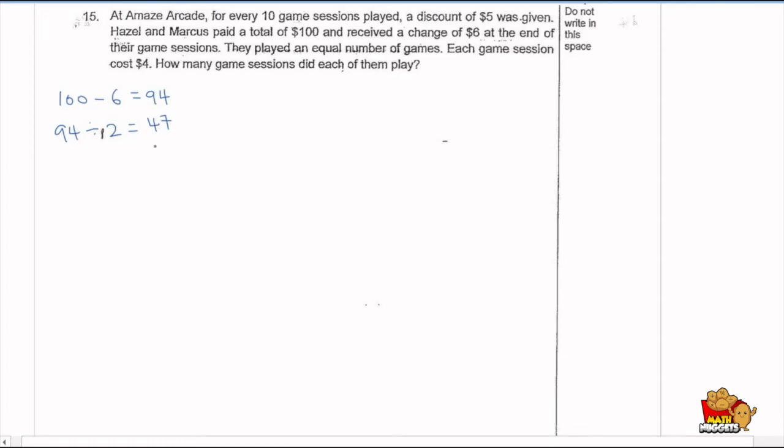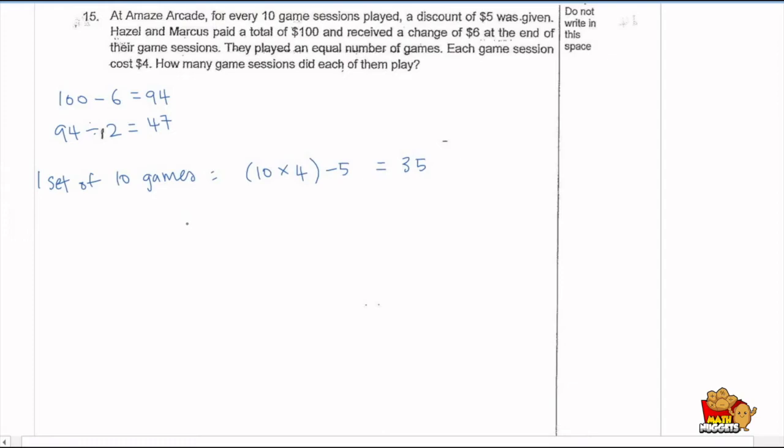Each game session costs $4, and for every 10 game sessions that they played, there was a discount of $5. So let me find out a set of 10 games. One set of 10 games, how much would it cost? Each game costs $4, but they will get a discount of $5. So this is 40 minus 5, which is 35. So one set of 10 games cost 35.